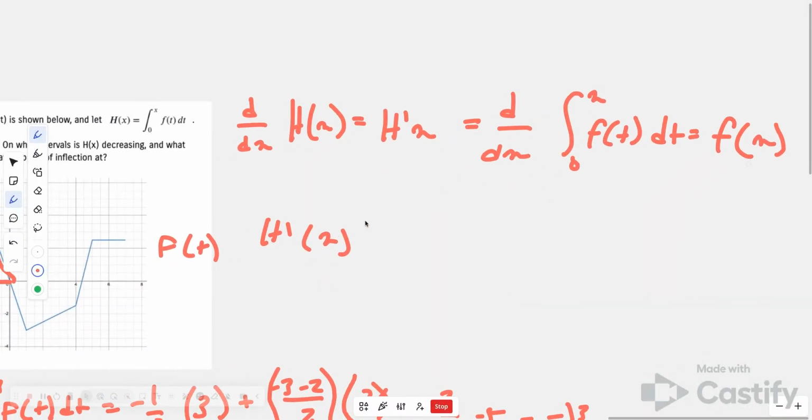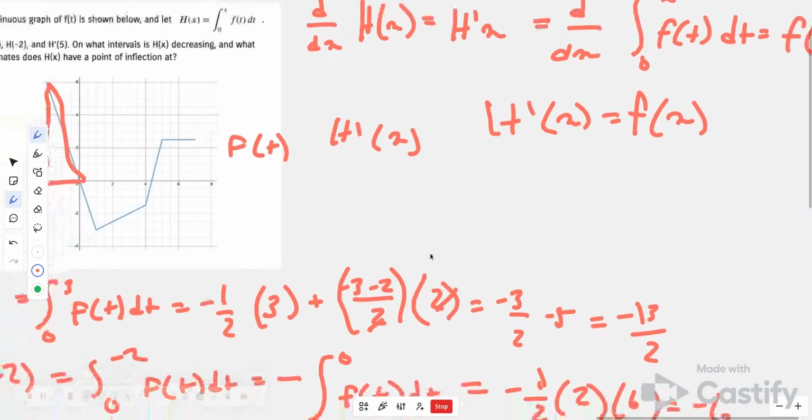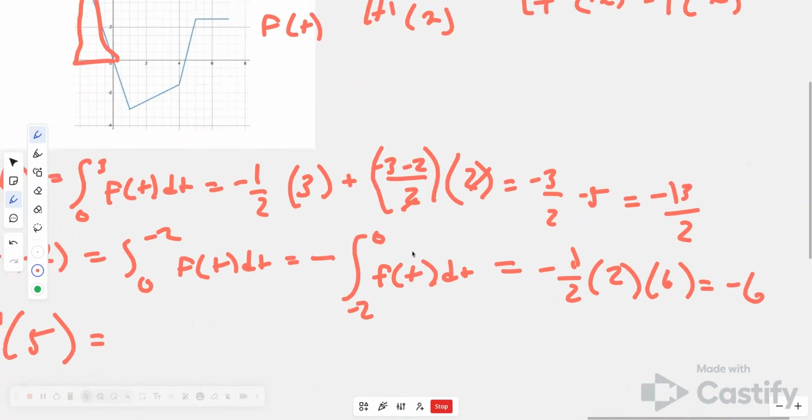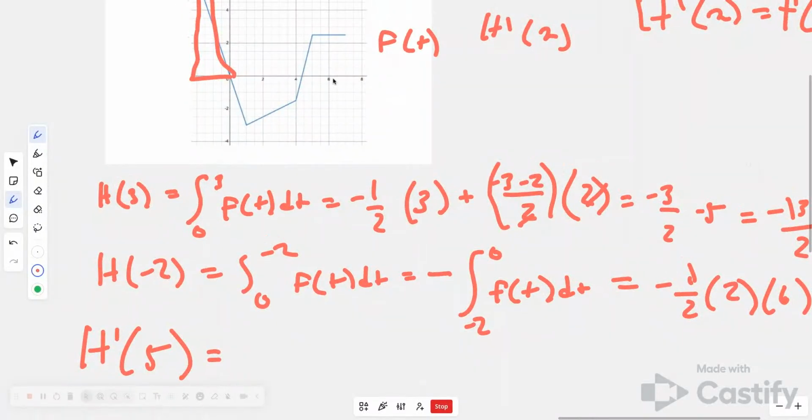F of t and f of x are going to be the same thing. So h prime of x is going to equal f of x. So that's what the graph is showing. So if we want to find h prime of 5, we can just go to the x value 5 and find the y value here, which is going to be 2.5.